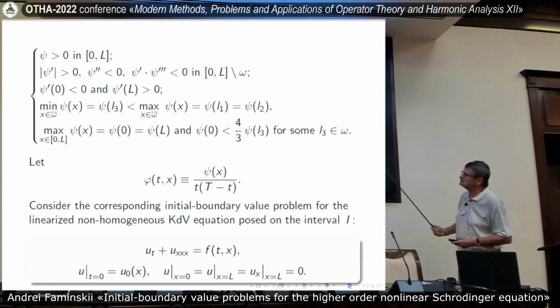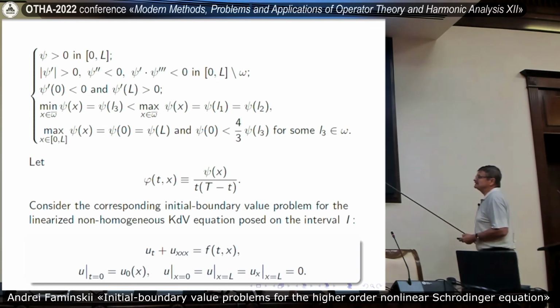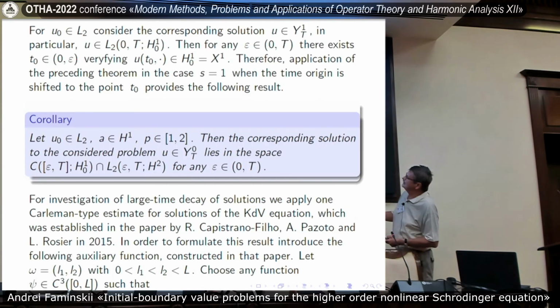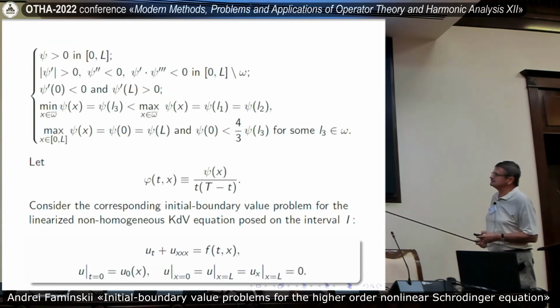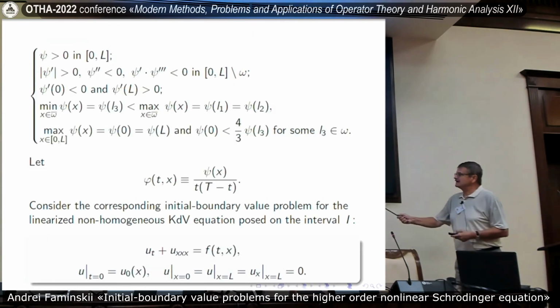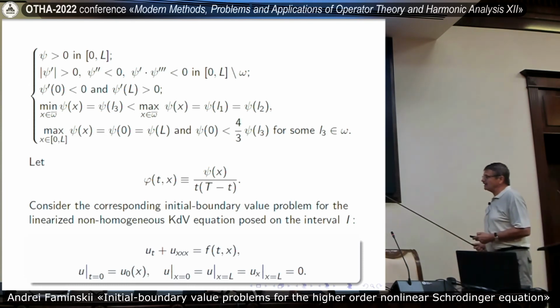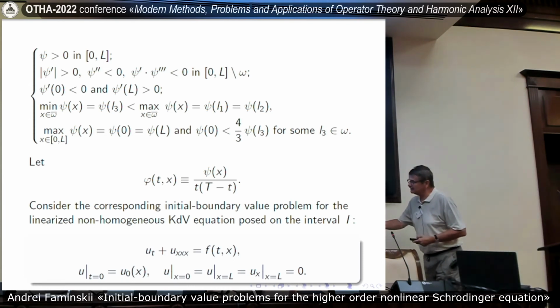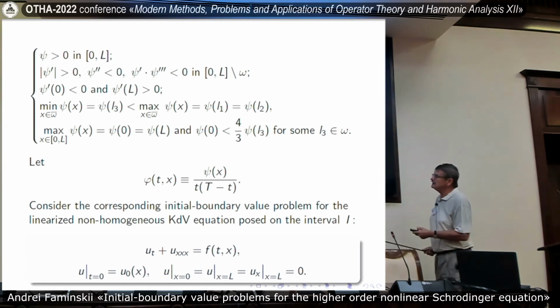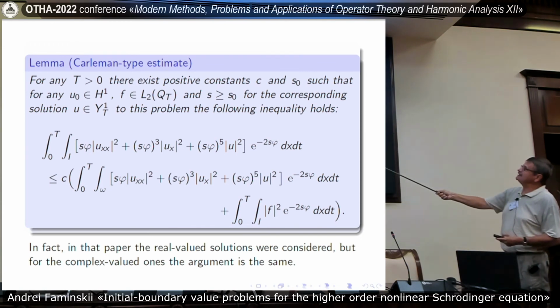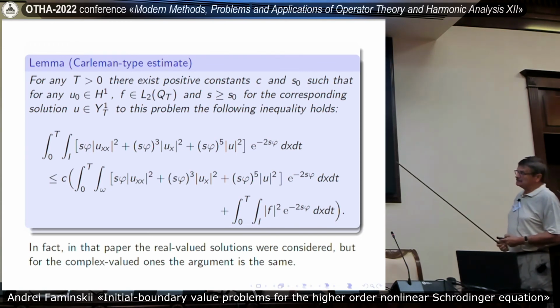It is not very simple, but such a function exists, and then it is not our result, but the result by Capistrano, Filio, Poisotto, and Rosier for the Korteweg-de Vries equation itself. If one considers the initial boundary value problem for the linearized non-homogeneous Korteweg-de Vries equation, then the following Carleman type estimate can be obtained.